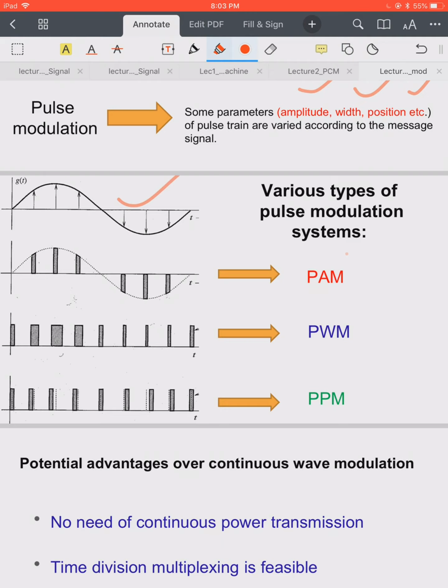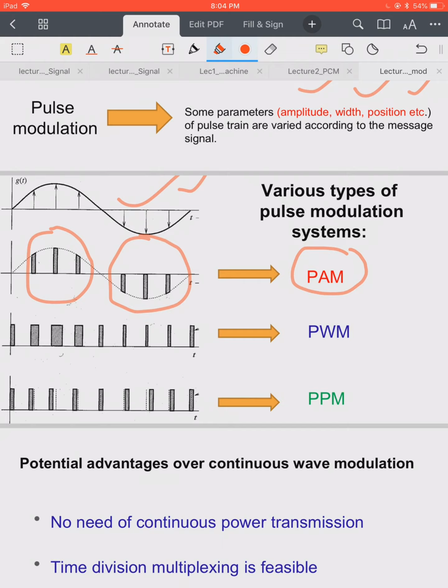This is called pulse amplitude modulation. Here you can see the amplitude of the pulse train is varied according to the amplitude of the message signal. That's why it is called pulse amplitude modulation, and you are going to transmit this PAM signal through the channel. So this is one example of a pulse modulation system.